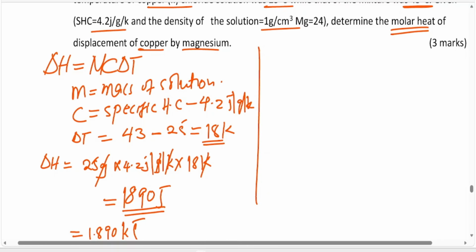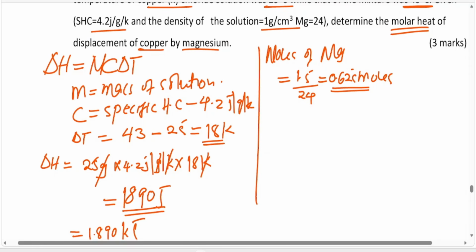If I determine the moles of magnesium, I take the mass of magnesium, which was 1.5, and divide by the relative mass of magnesium, which is 24, and I get 0.625 moles.